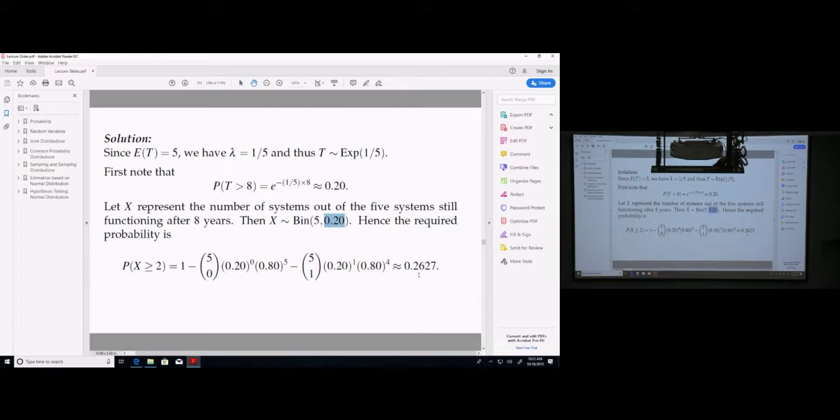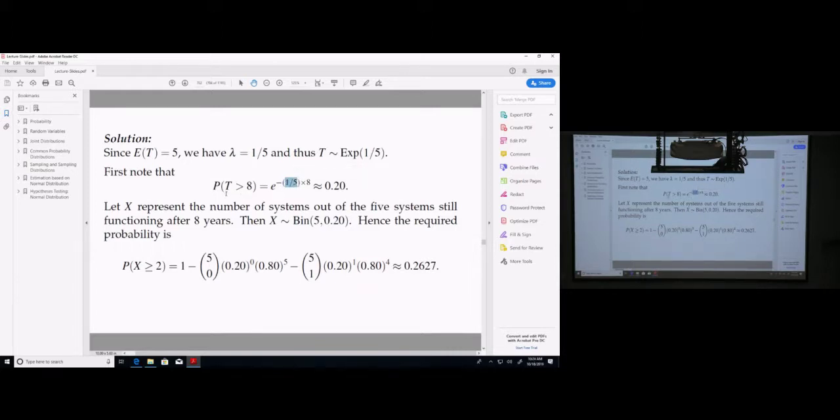Yes? I was just wondering, for the exponential distribution, the function you gave us for f of x, if t was equal to 8, there'd be a lambda out in front of the e. So why, when t is greater than 8, do you just drop the lambda? Oh, this is the tail probability.